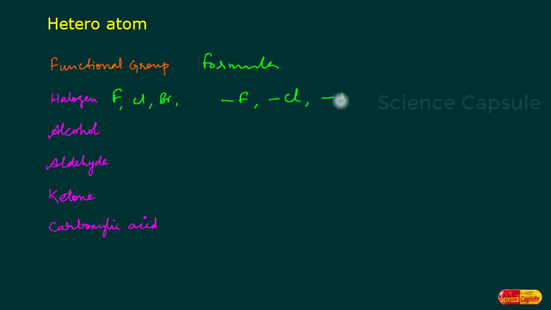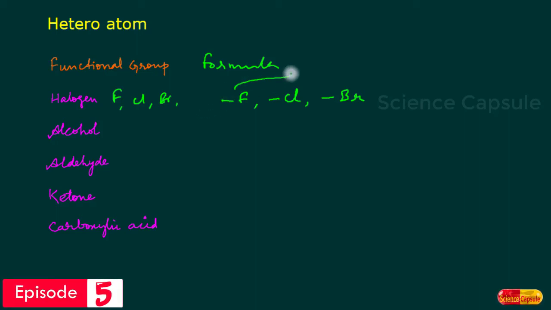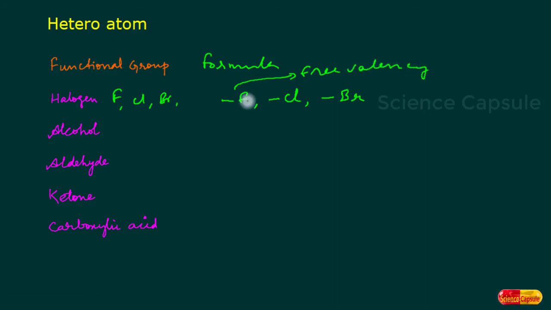For bromine, a line and its symbol. Here the line indicates the free valency, or with this line a hydrogen atom needs to be replaced. Free valency means one valency will be fulfilled if it replaces one hydrogen atom.